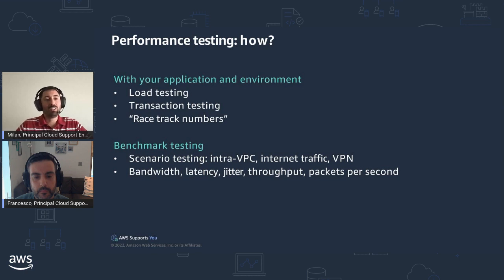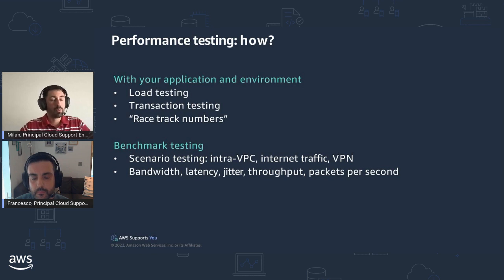But there are also very useful things when we talk about benchmarks, and that goes back to your overall environment and our architectural discussion from earlier. You want to know, what is the maximum bandwidth, for example, for a flow that's intra-VPC, or towards the internet, or that traverses back to your on-premise data center using VPN.